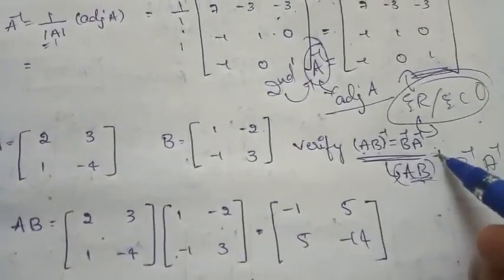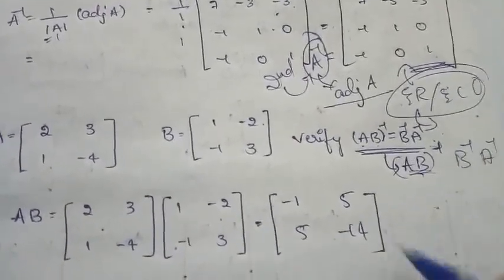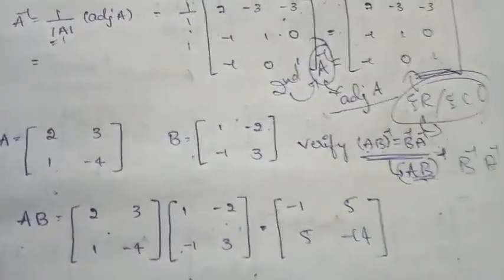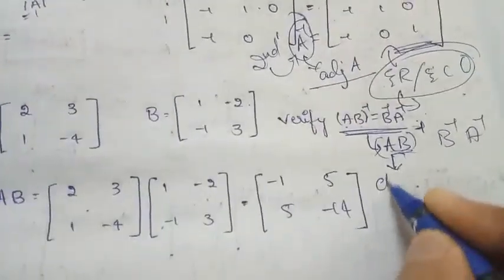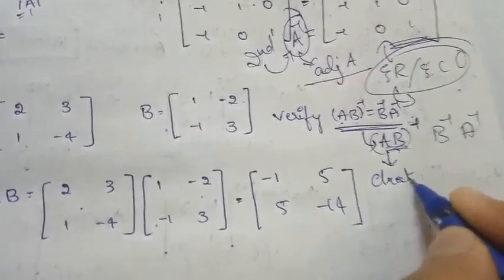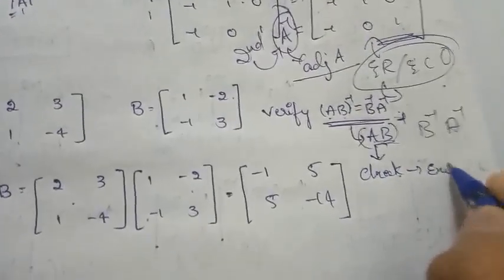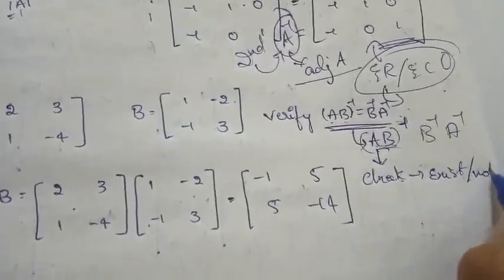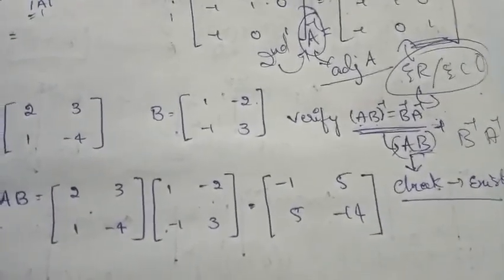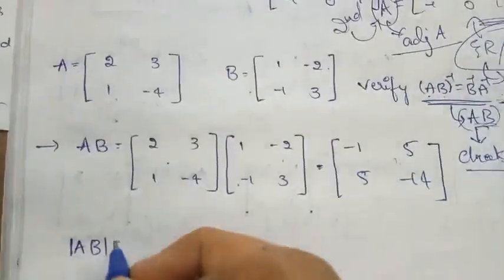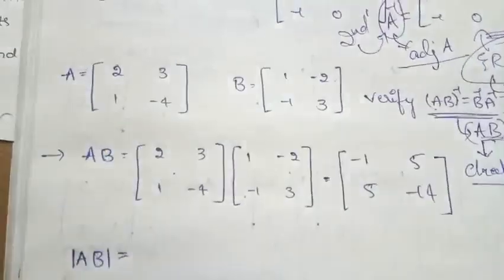Now I need to find the inverse of this matrix, that is AB. Before finding the inverse, I first need to check whether the inverse exists or not. The method is to find the determinant value of the matrix AB.